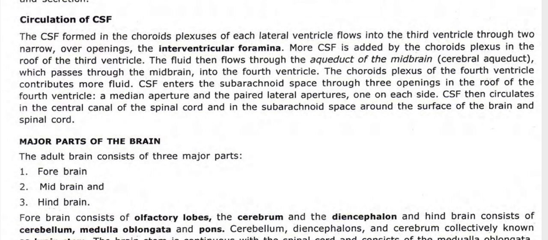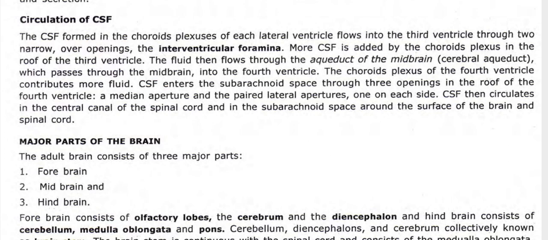So first, the CSF formed in the choroid plexus of each lateral ventricle flows into the third ventricle through two narrow oval openings called the interventricular foramina. More CSF is added by the choroid plexus in the roof of the third ventricle. The fluid then flows through the aqueduct of the midbrain, the cerebral aqueduct, which passes through the midbrain into the fourth ventricle.